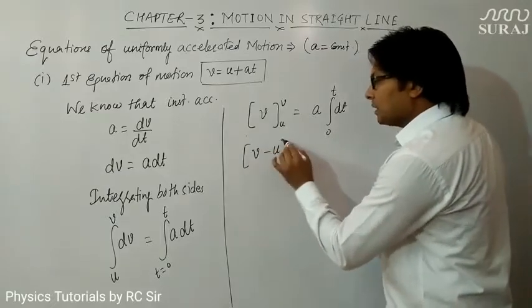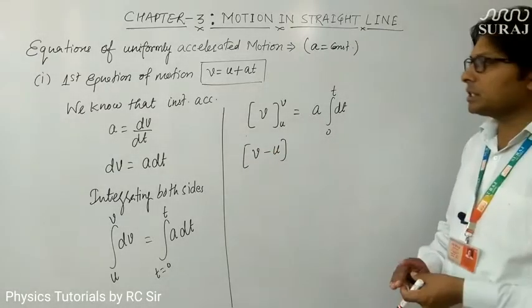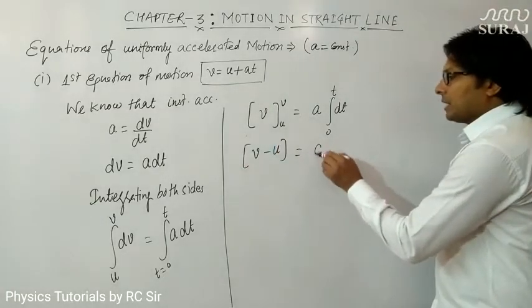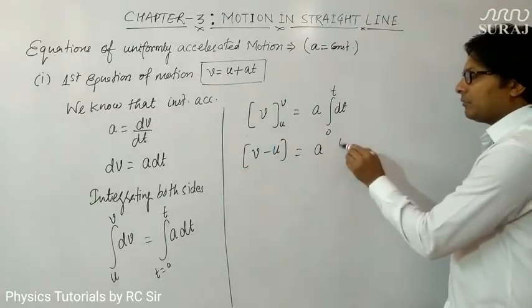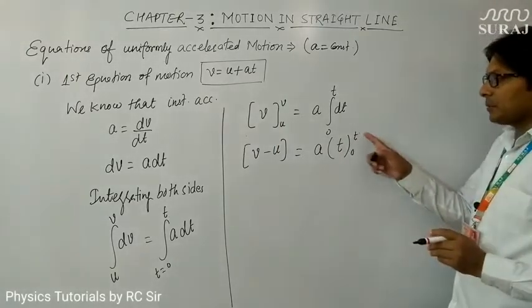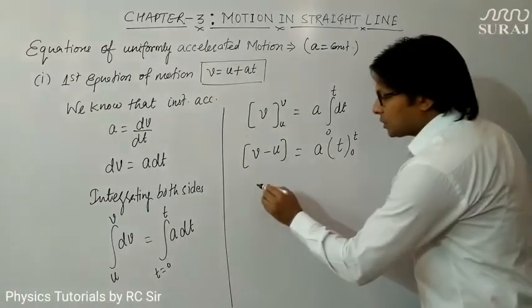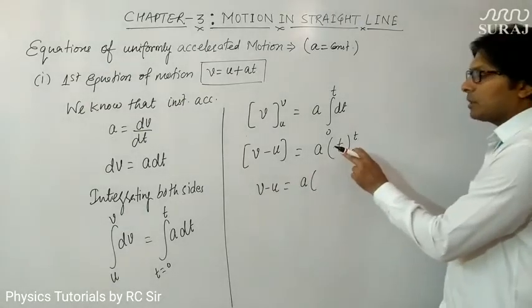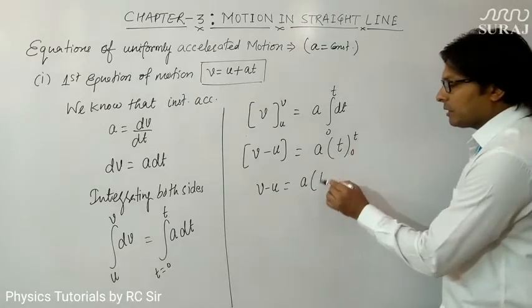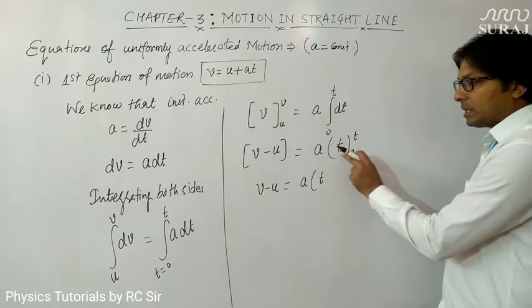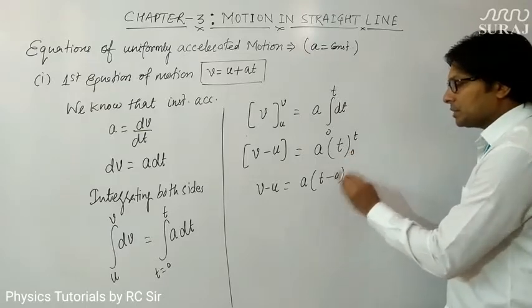So this is how the limits are put in an integration. It is equal to a, and the integration of dt will be t, and the limits will be from 0 to t. This is the upper limit, this is the lower limit. So v minus u is equal to a, and we put t in place of t, so it will remain as it is, and we put the lower limit in this, so it will become 0.